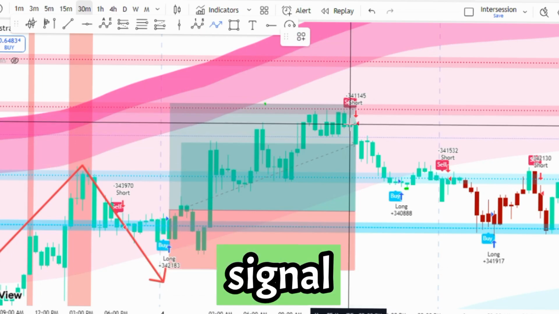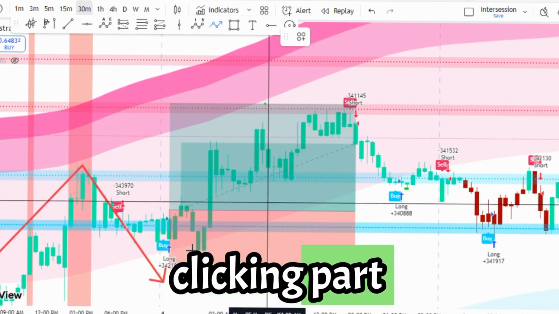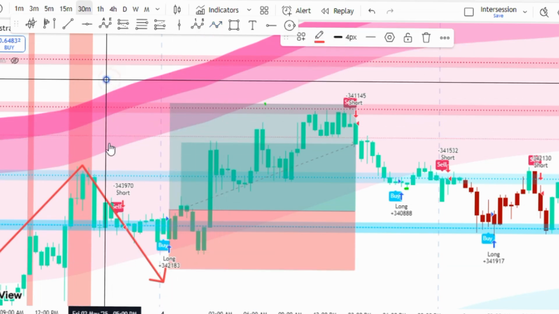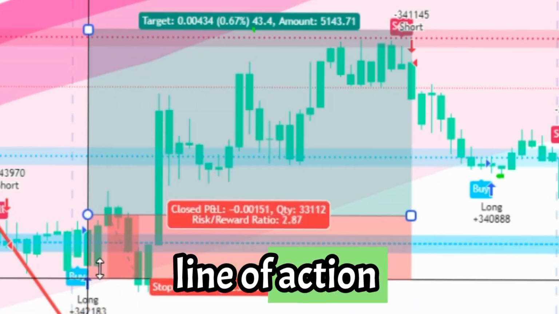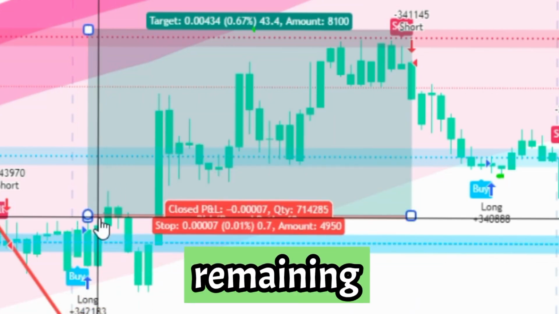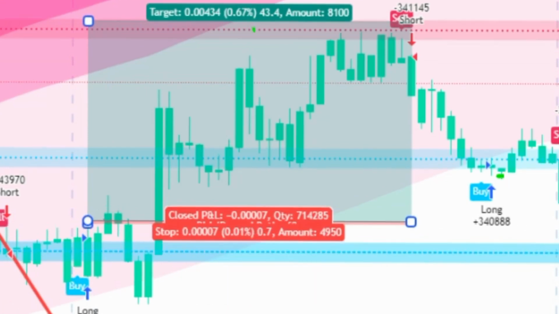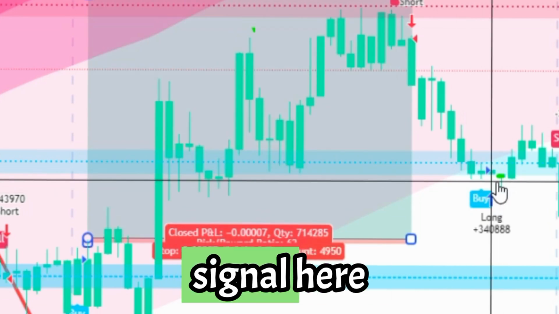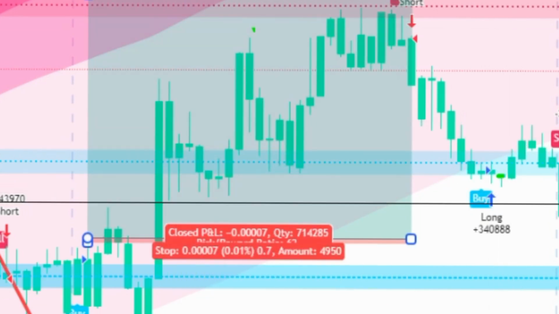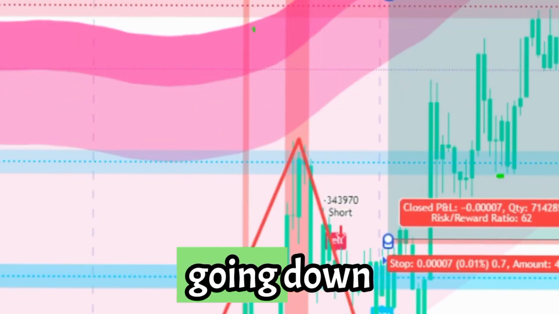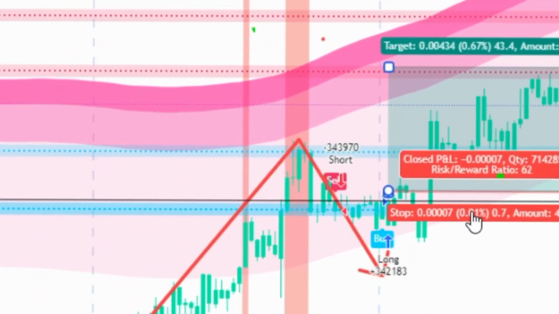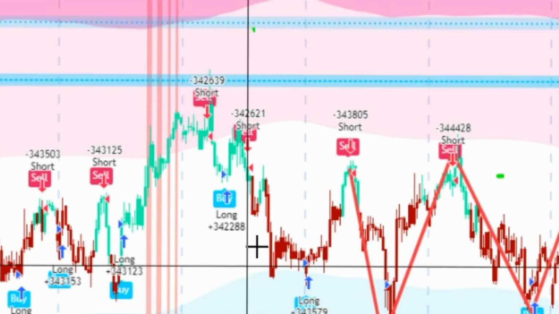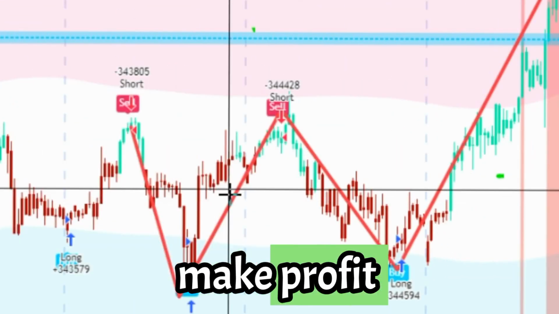After this sell signal, if you are taking part of your position, then your next line of action is to bring your remaining one to break even. So you can see that there was another long signal here, it just went up a little, then starts going down. So that is it. I think that's all. Even in a ranging market, you can still make profit out of it.